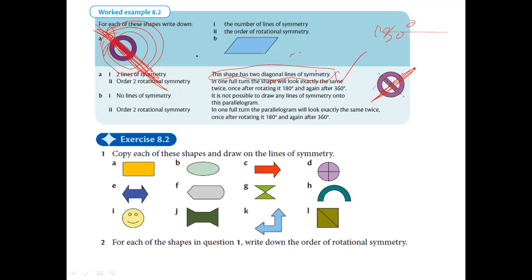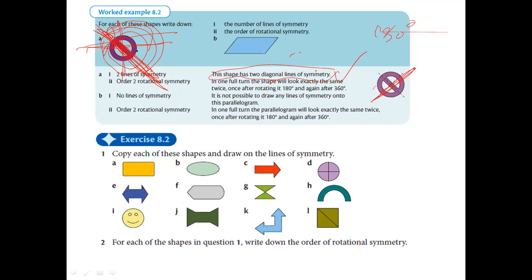Now rotational symmetry. For example, if you turn it 90 degrees to the right, the shape is changed, and we do not get the same shape.